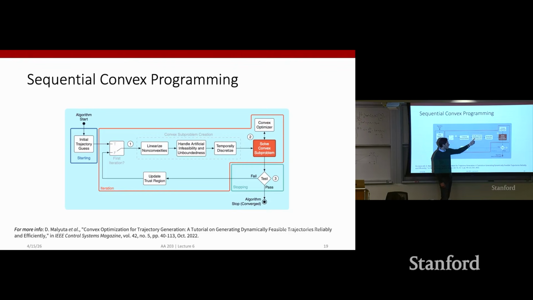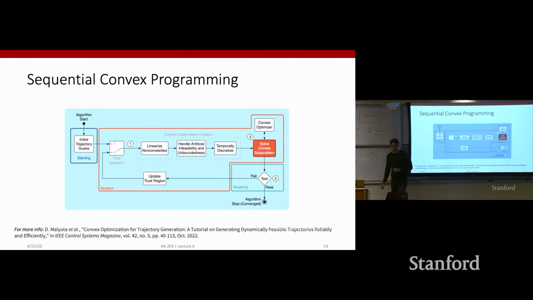Since we're introducing a surrogate problem, this surrogate problem might be infeasible, while the overall nonlinear problem might actually be feasible. The other problem, artificial unboundedness, is that the convex problem might lead us into a situation where the optimal solution just goes to minus infinity, for example.